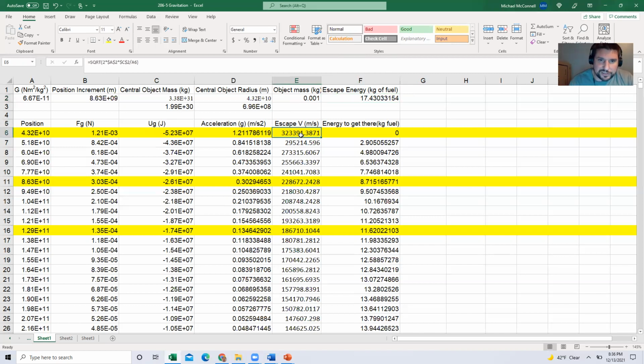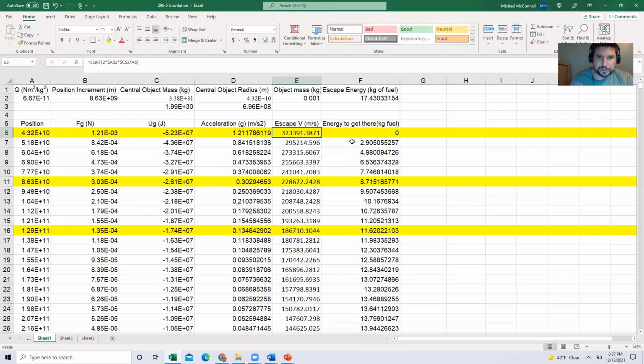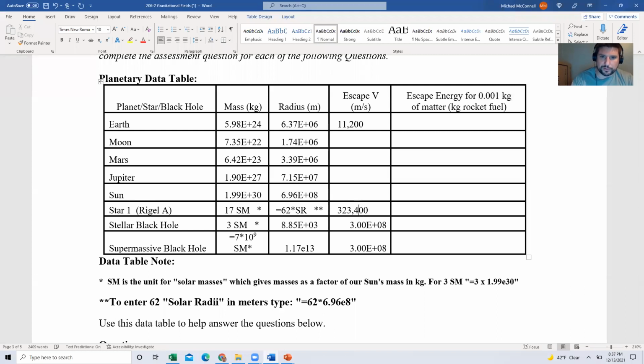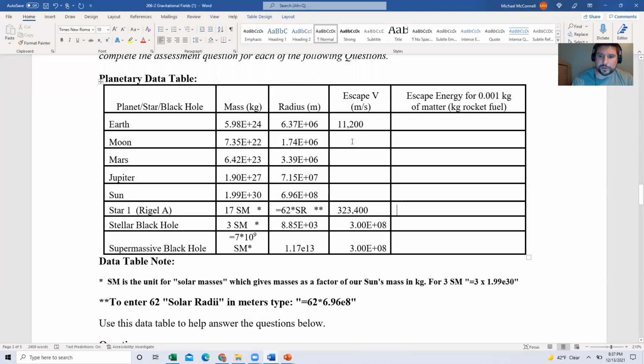But the escape velocity is only 323,000 meters per second, which is actually much smaller than the escape velocity of the sun. So the escape velocity for Regal A, if you wanted to record that, would be 323,300, and you can always round. You don't need to take all those places, or 323,400 if you want to round to the hundreds place. But for the escape energy in kilograms of rocket fuel, it'll be 17.43 kilograms.